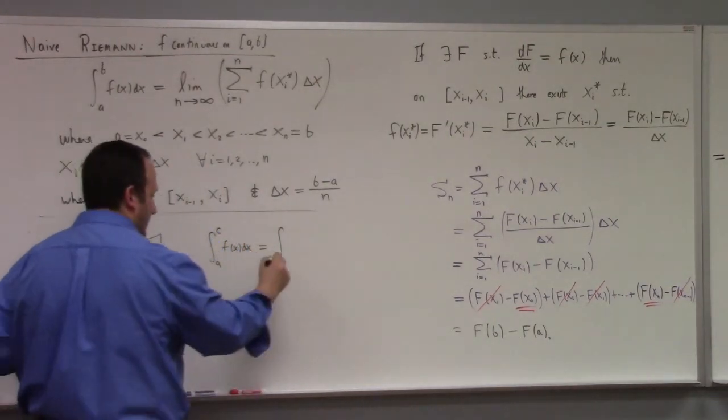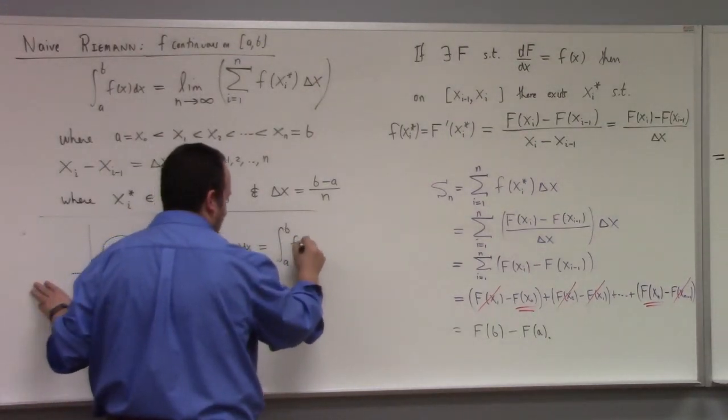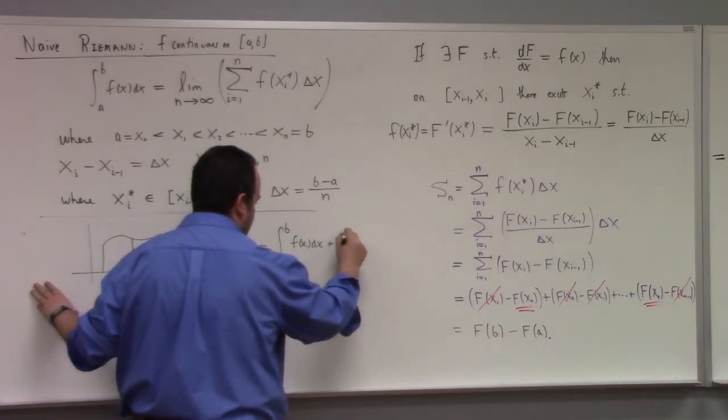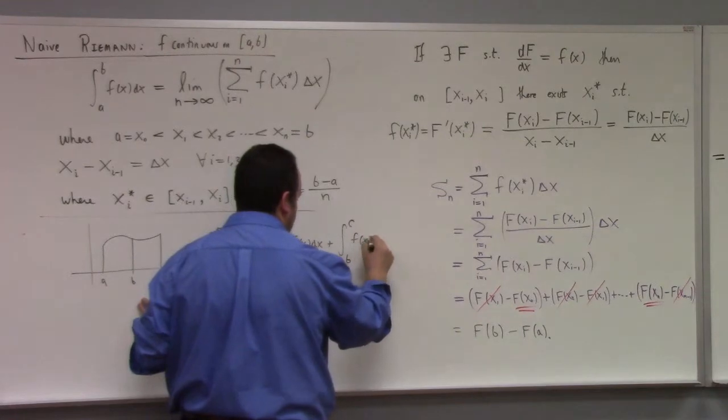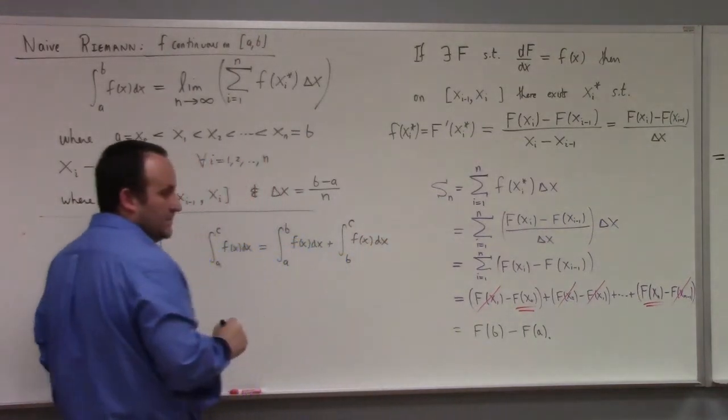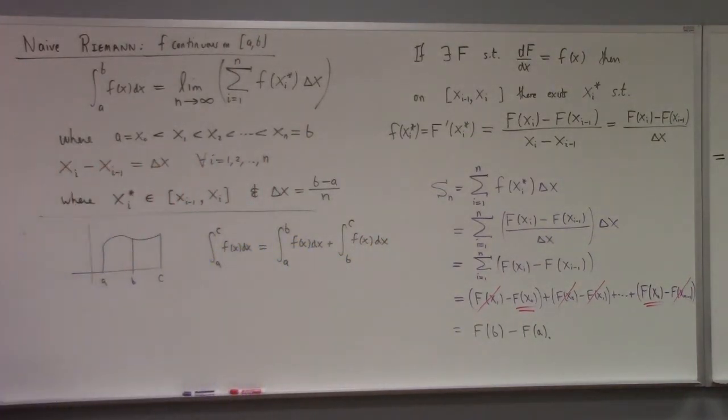The integral from a to b of f of x dx plus the integral from b to c of f of x dx, right? How would you prove that, though? How would you prove that?